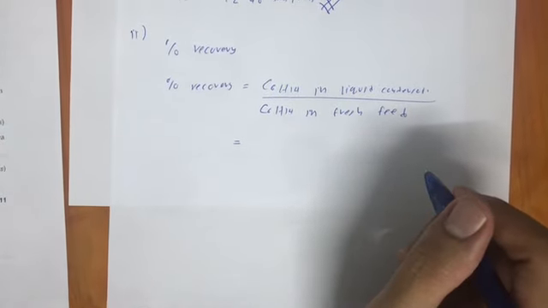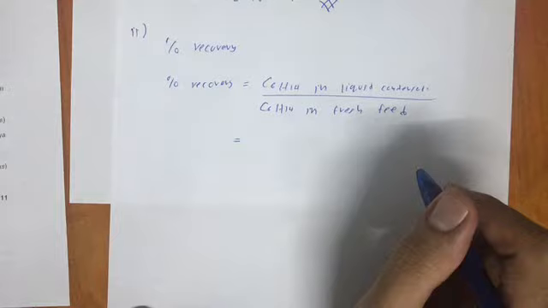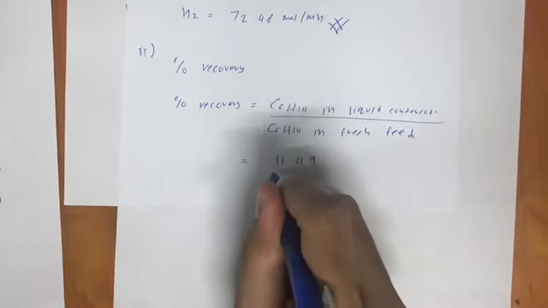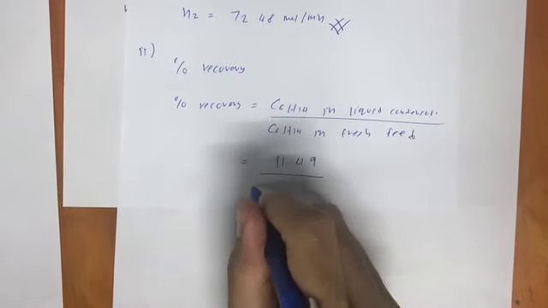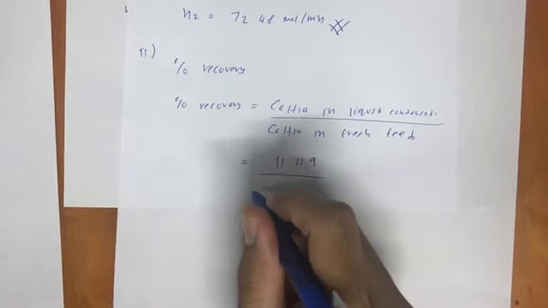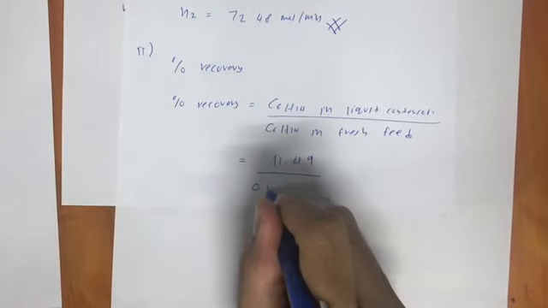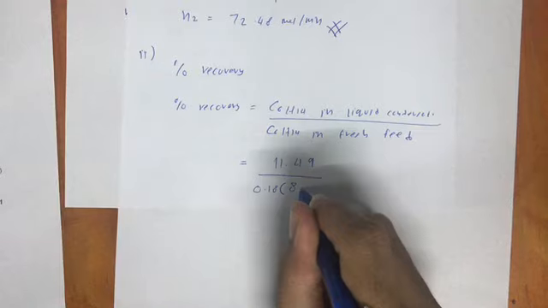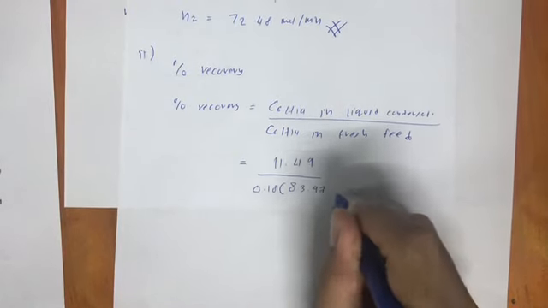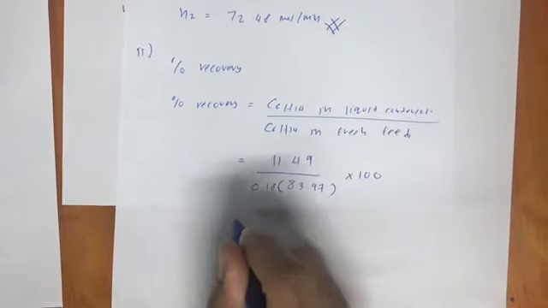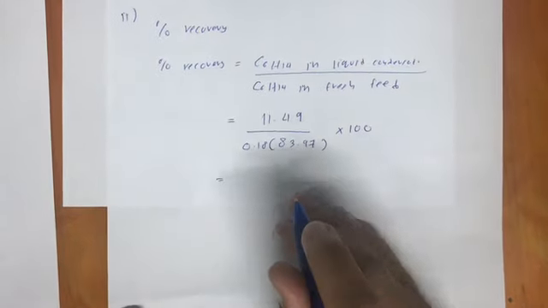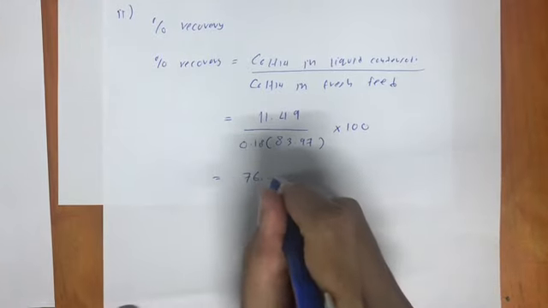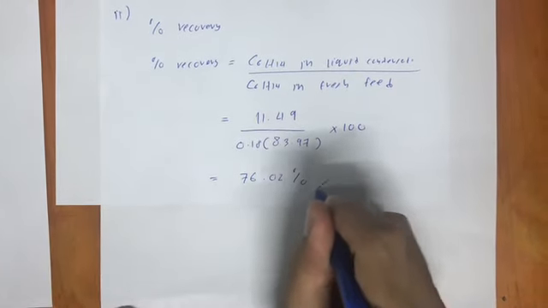We already have the value of hexane in the liquid condensate, which is 11.49, divided by the composition of hexane in the inlet of the condenser, 0.18, times N1, which is 83.97, times 100%. So the percent recovery of hexane is 76.02%. So here's the answer.